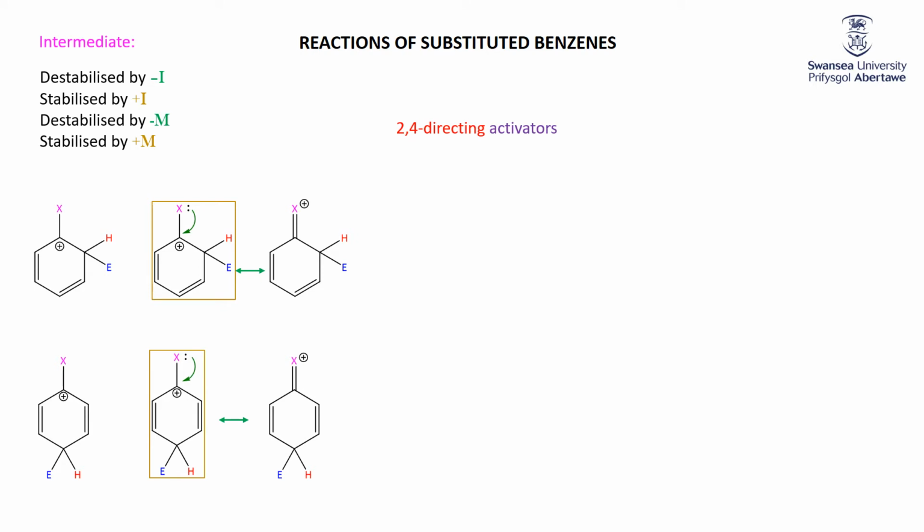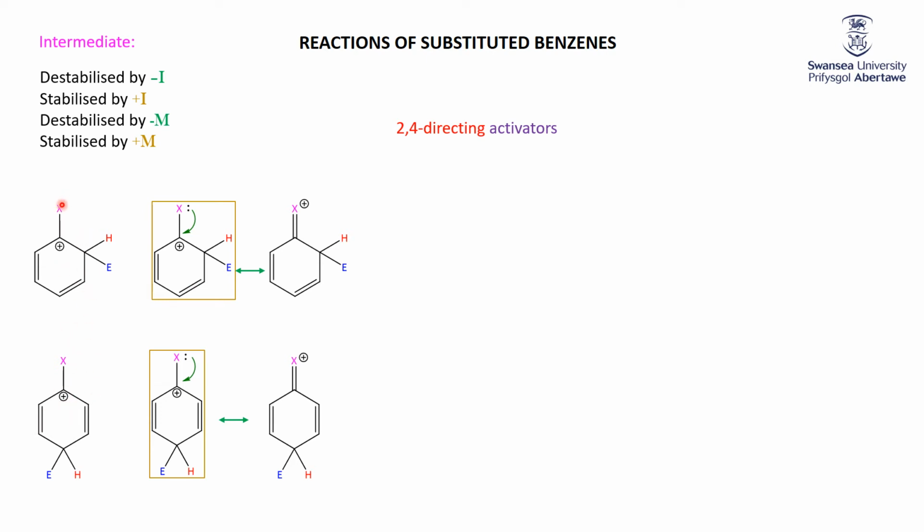We can have 2,4 directing activators. So these are substituent groups that activate the ring. That means positive mesomeric effects and/or positive inductive effects. And they're 2,4 directing because the 2,4 is particularly nice when you've got electrons coming into the ring, because of these two resonance structures.